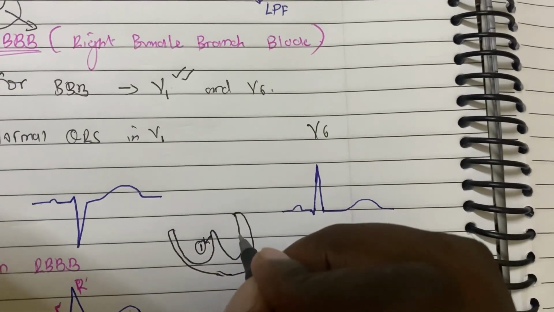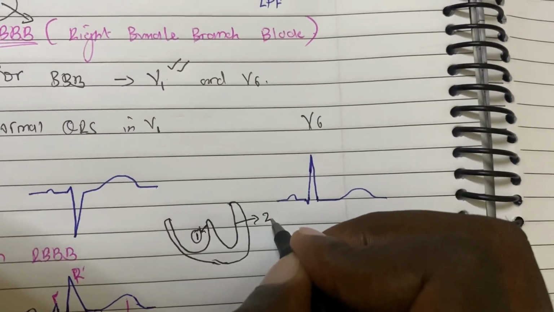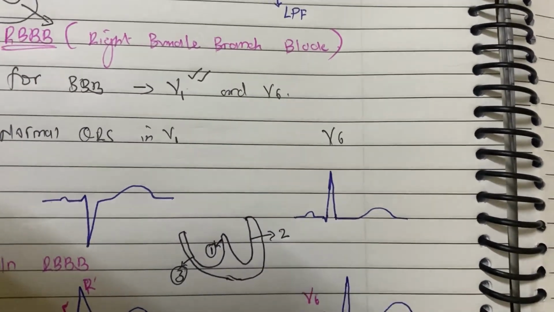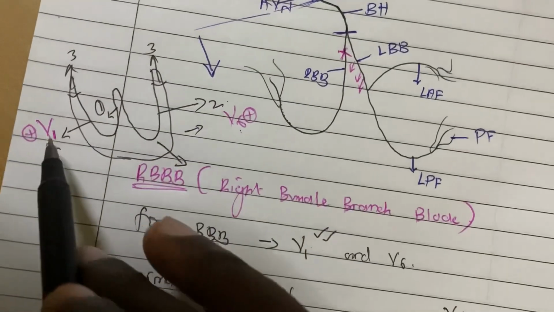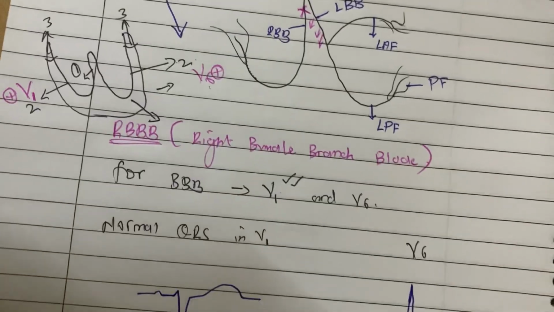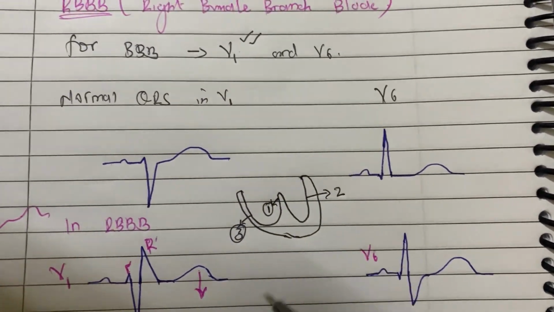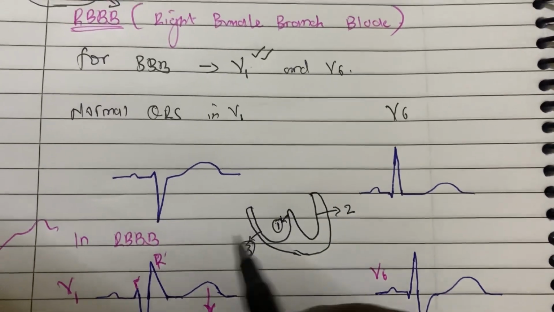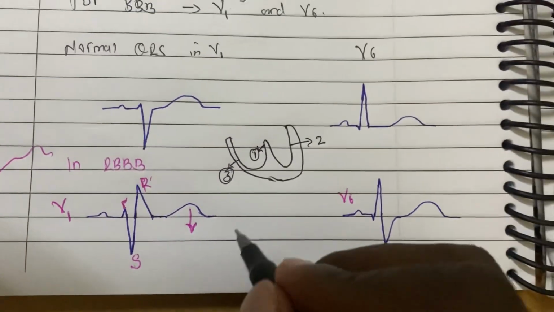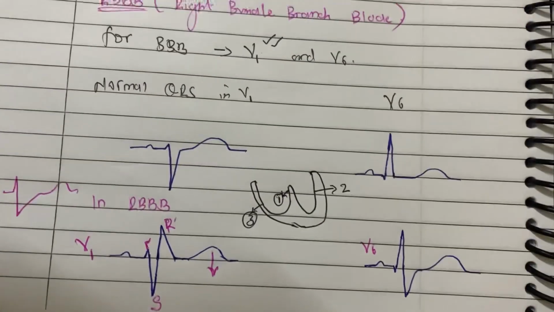But what will happen next? It will be this side as number 2. And then this one will happen as number 3. In the usual state, they happen at the same time. But in RBBB, this one is depolarized later as 3. So expect 1 as R, 2 going to LV, S, and 3 going to RV as R prime.